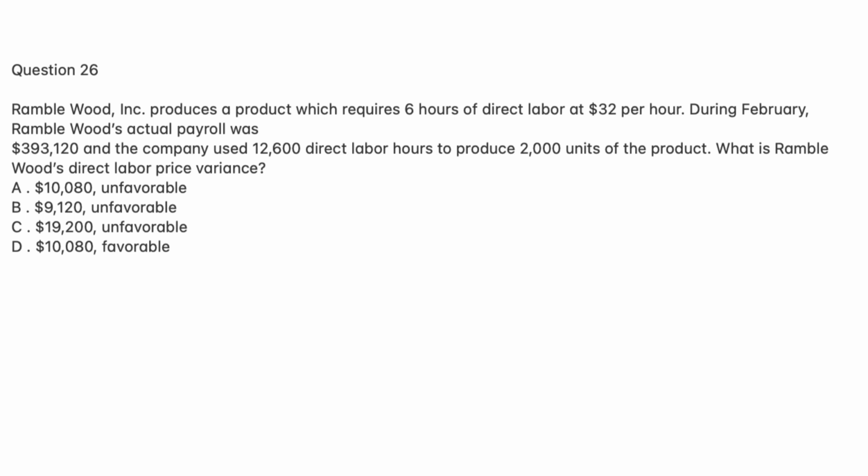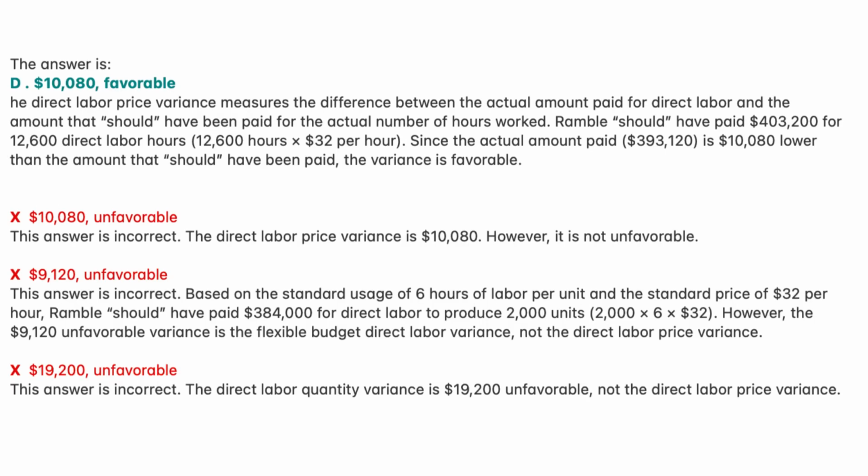What is Ramblewood's direct labor price variance? A. $10,080, unfavorable. B. $9,120, unfavorable. C. $19,200, unfavorable. D. $10,080, favorable. The answer is D.